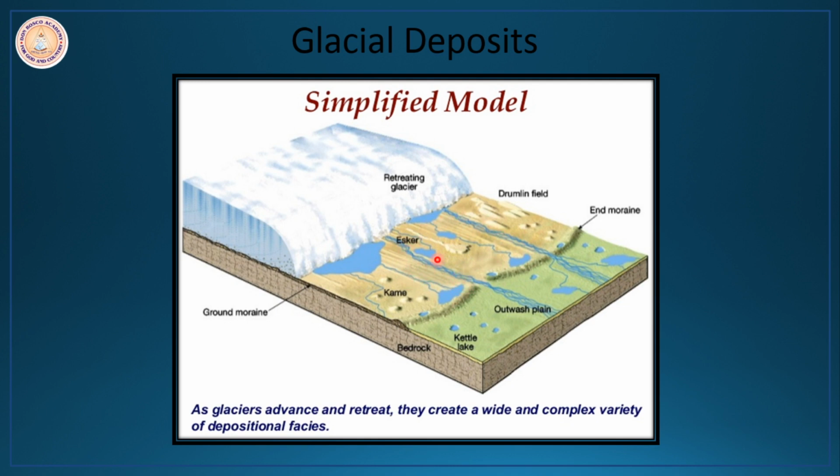This kind of glacial plains we can find in the northern part of North America, that is the Canadian Shield. Western European plains are also a good example of glacial deposits.